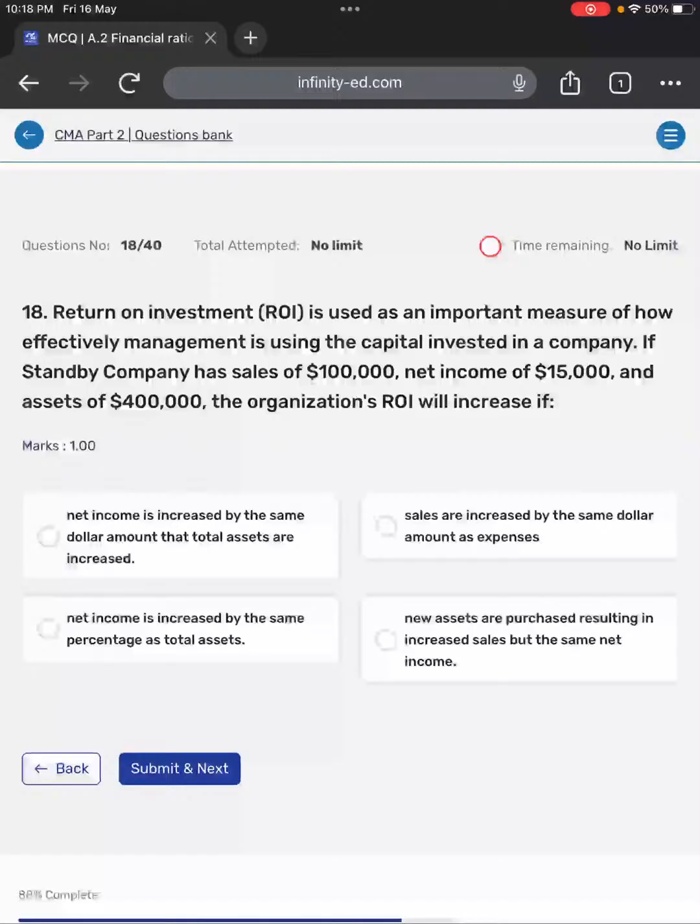Return on investment is used as an important measure of how effectively management is using the capital investment in a company. If the standby company has sales 100,000, net income 15,000 and assets of 400,000, the organization return on investment increase.